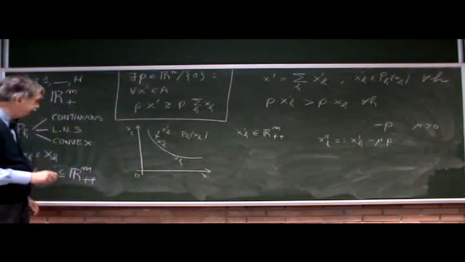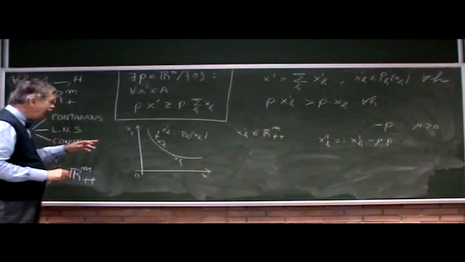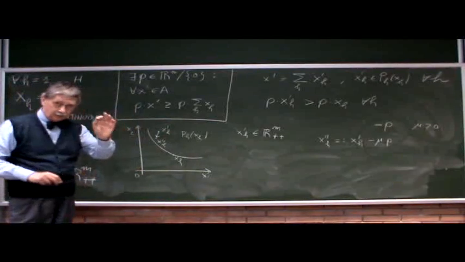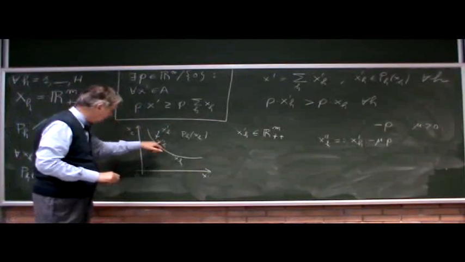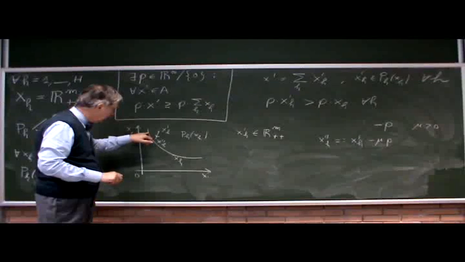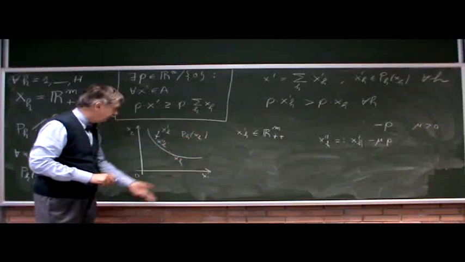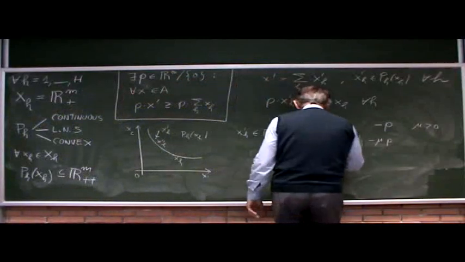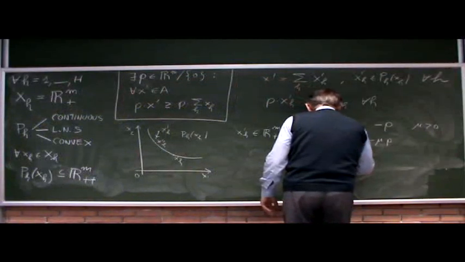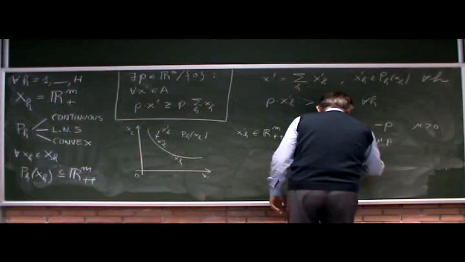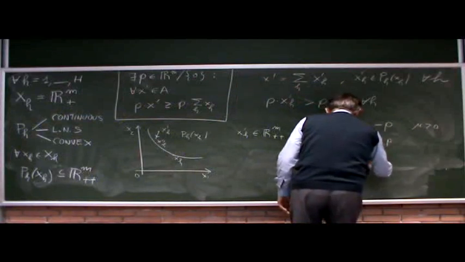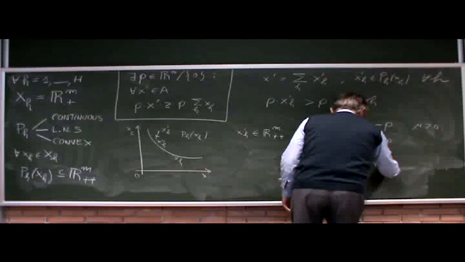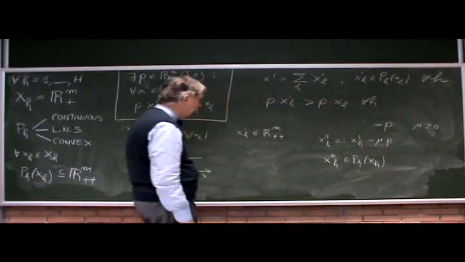Is it clear? Well, if the movement is small, this second point will also be preferred to xh. For a small mu, you have x second h is preferred to xh. Is it clear?